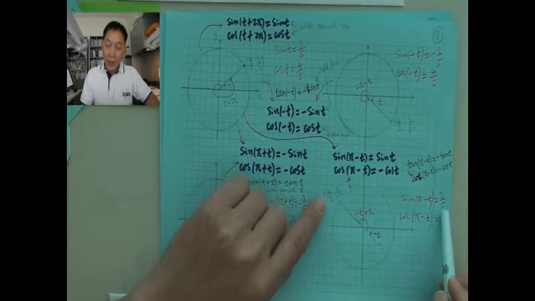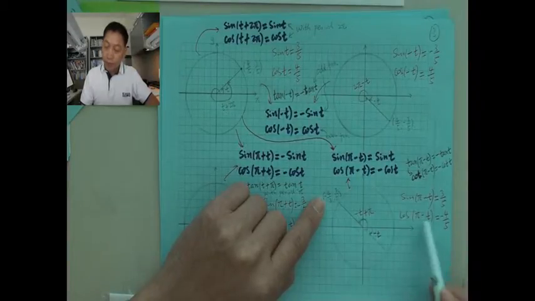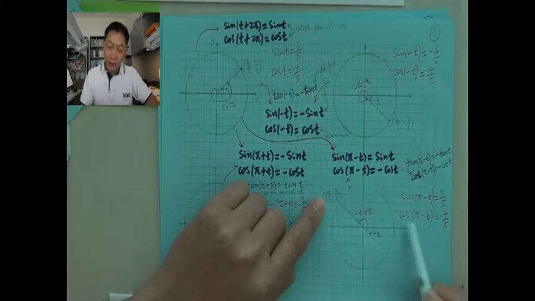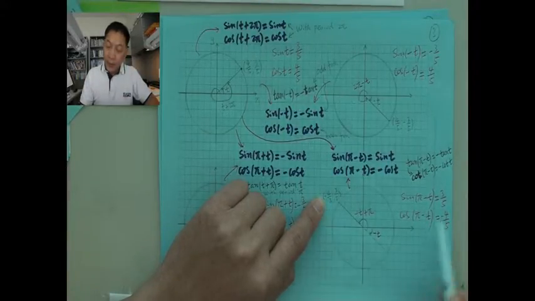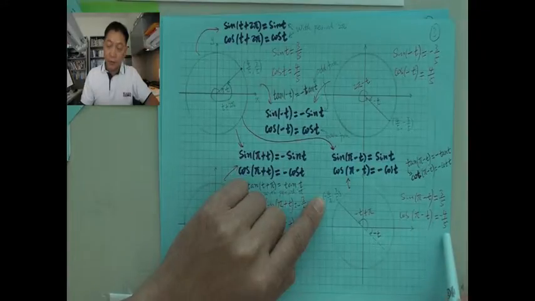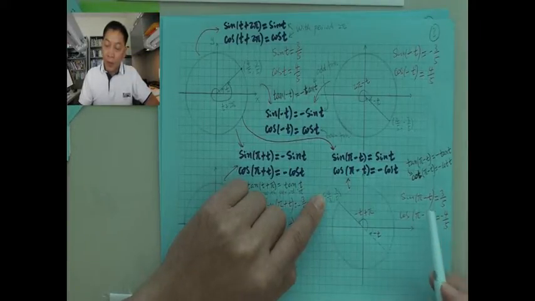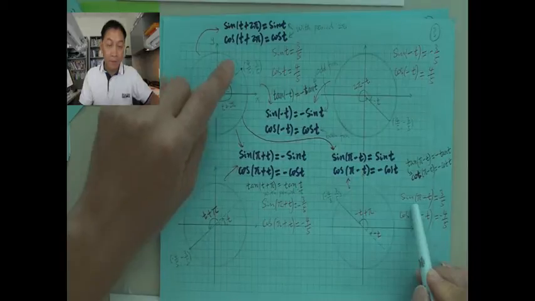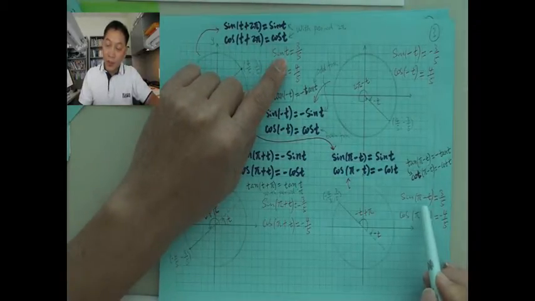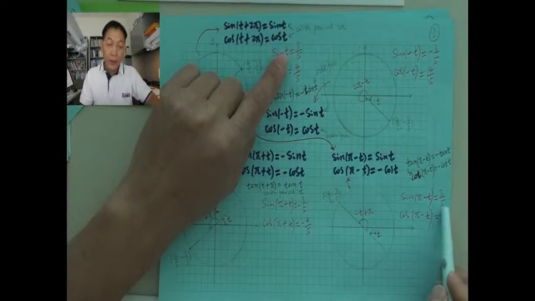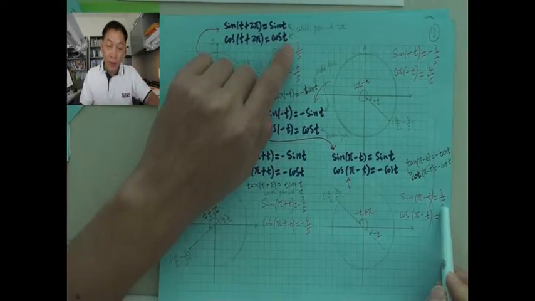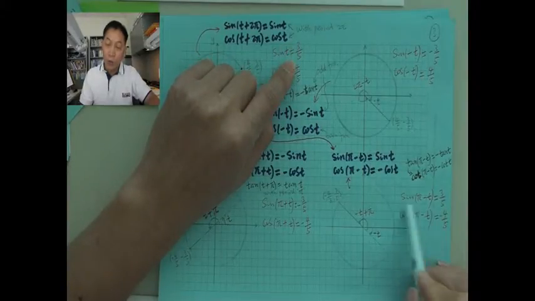And then cosine pi minus t is the x-coordinate, that's negative 4/5. Okay? So after we get this, we want to compare this with the original one, sine t. You see, sine pi minus t is positive 3 over 5, and sine t is positive 3 over 5. So they are equal.